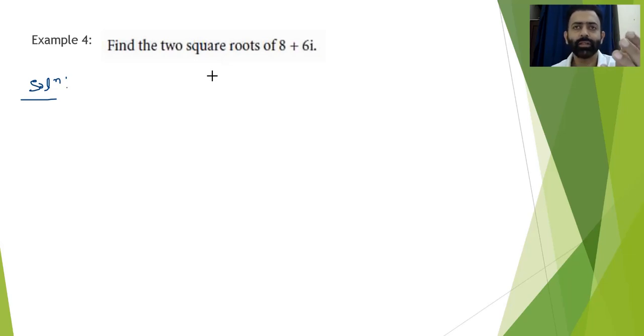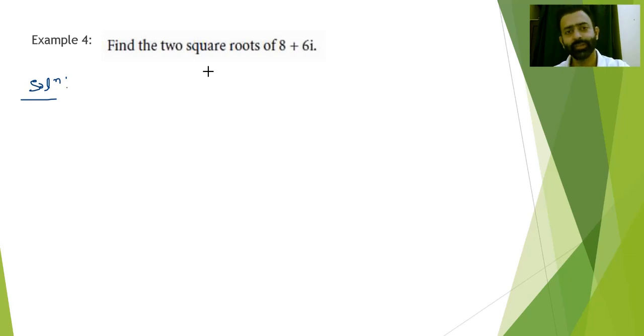You cannot get a real number whose square is a complex number, right? So the square root of a complex number will be a complex number, and if it is not, then you will ultimately get the imaginary part as 0, right?